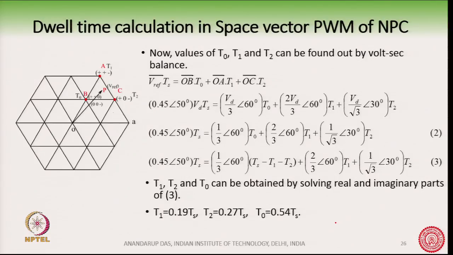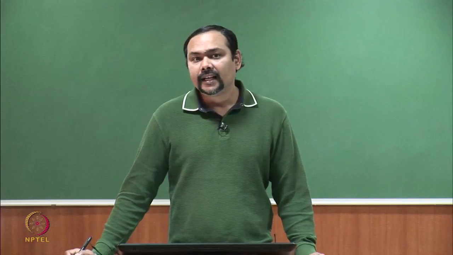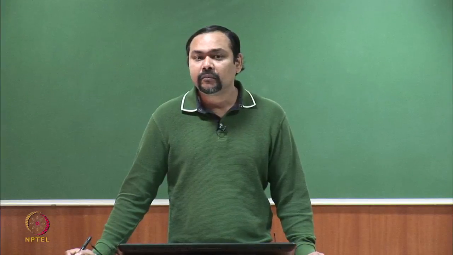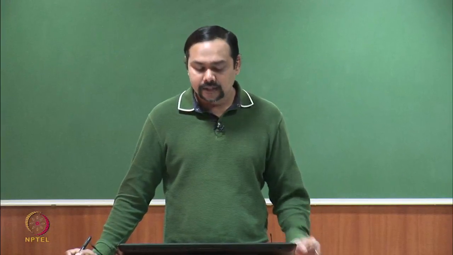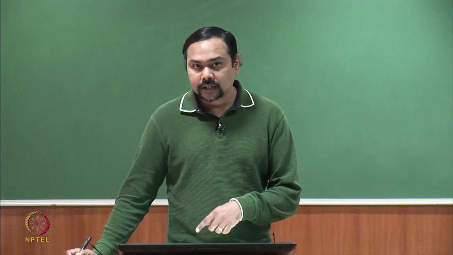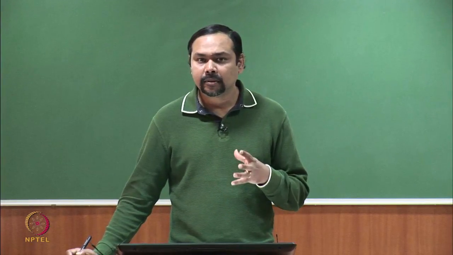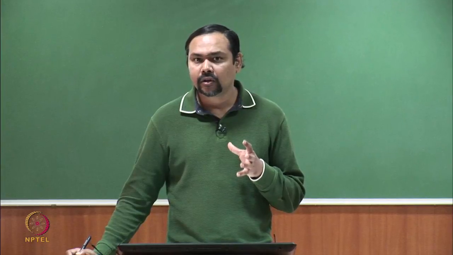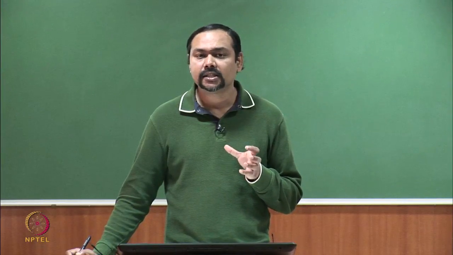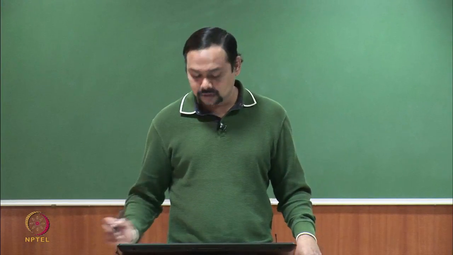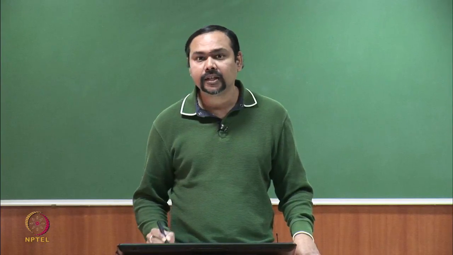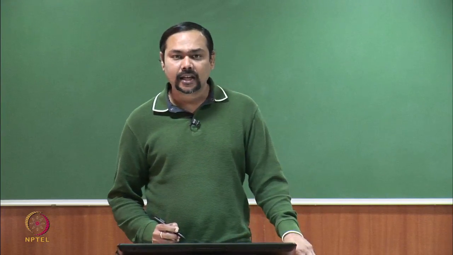Okay. So, this shows that T0 has the maximum weightage. The T0 time duration, that means the vector OB has been switched on for a maximum time in a switching period Ts, say more than 50% of the total Ts time period.